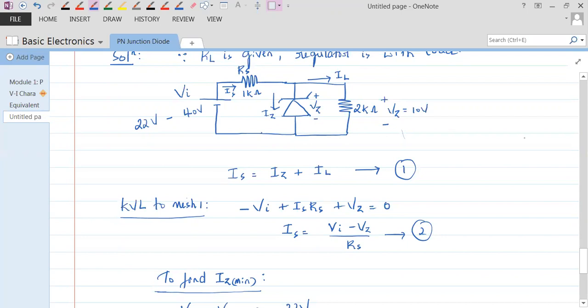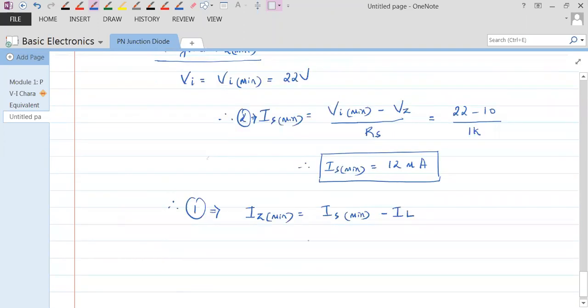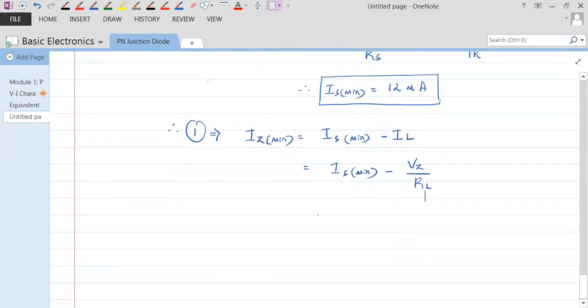V is equal to IR, so I is equal to V by R. So IL is VL by RL. What is VL? It's VZ. RL is 2K. So this is IS minimum minus IL, where IL is VZ by RL. Everybody just calculate this.